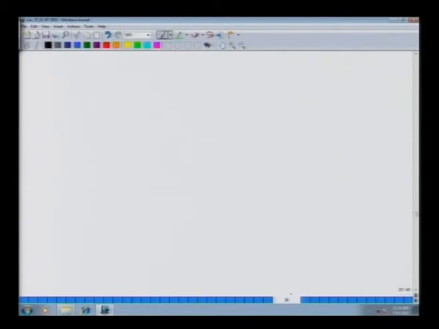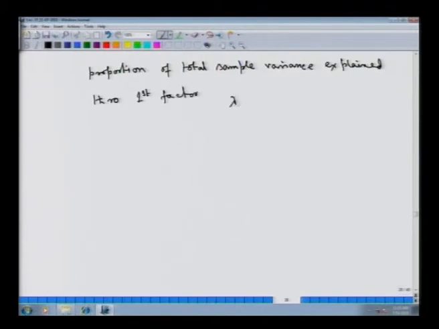Now, using that we can further say that the proportion of total sample variance explained or captured through the first factor is going to be given by lambda 1 hat divided by the trace of S, which is lambda 1 hat divided by the summation of S_ii terms, i equal to 1 up to p.